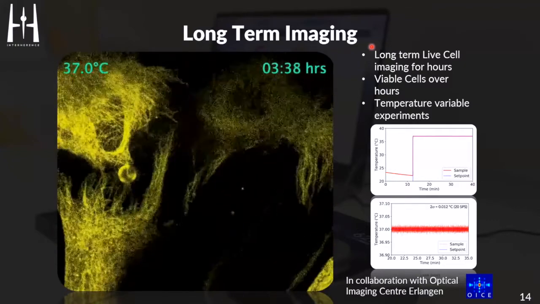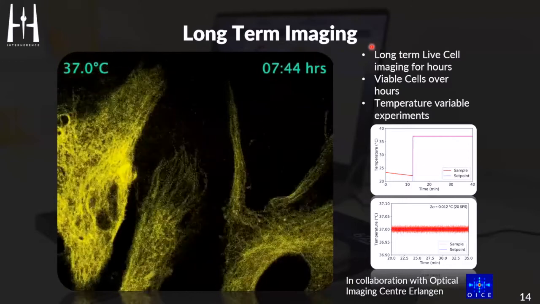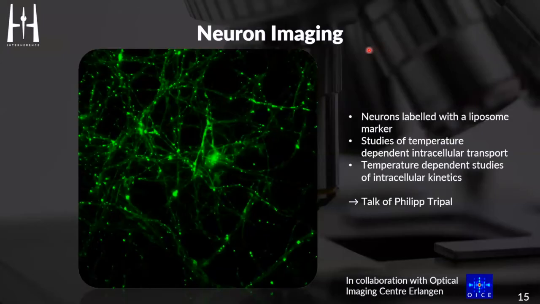And the last thing we tried, together with the Optical Imaging Centre here in Erlangen, is that we also imaged neurons at temperatures around 37 degrees Celsius, and tried to estimate whether there's temperature dependence in transport velocities of vesicles inside these cells.